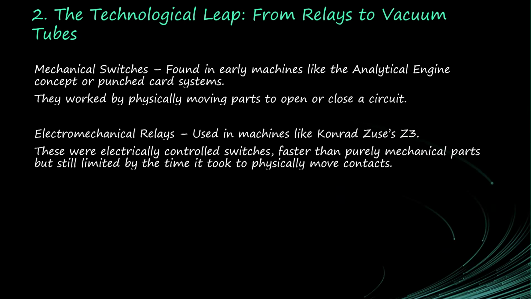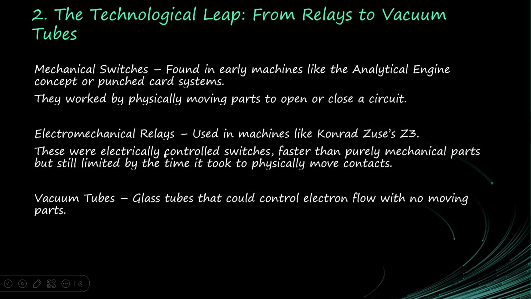But the electromechanical relays were using electricity to control the switches, and they were faster than purely mechanical parts. So these electromechanical relays, these switches, are faster than mechanical switches, but they still have some limitation by the time it took to physically move contacts. Of course, there will still be limitations.